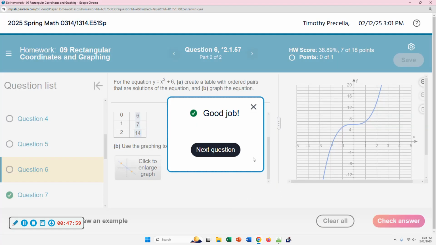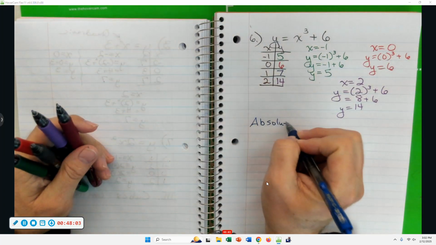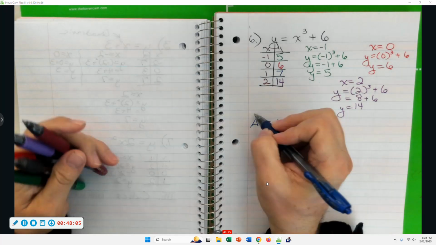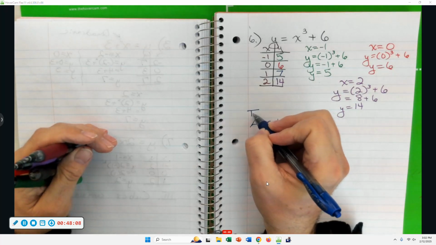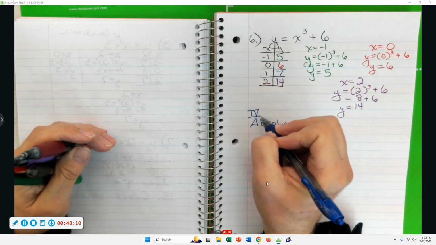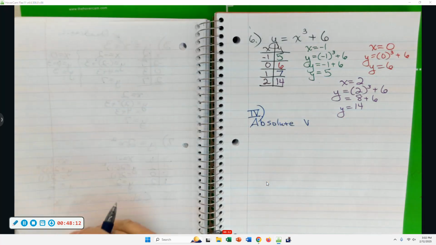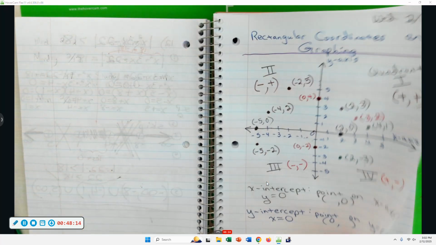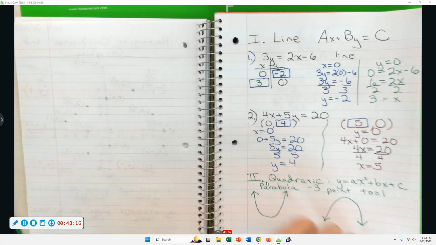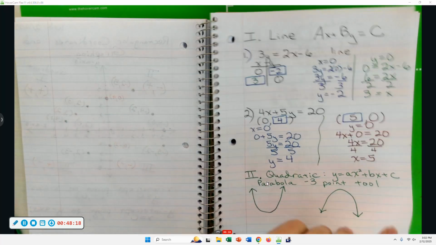Okay, absolute value. This is Roman numeral 4. We had Roman numeral 1, lines. Quadratics.